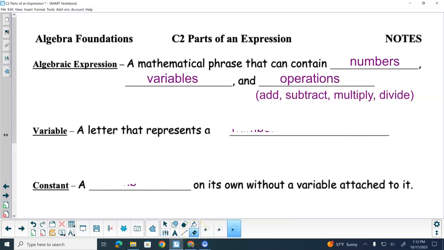Numbers are numbers. We've dealt with those before. A variable is a letter that represents a number. That's what a variable is. You've got 26 choices to represent a number.